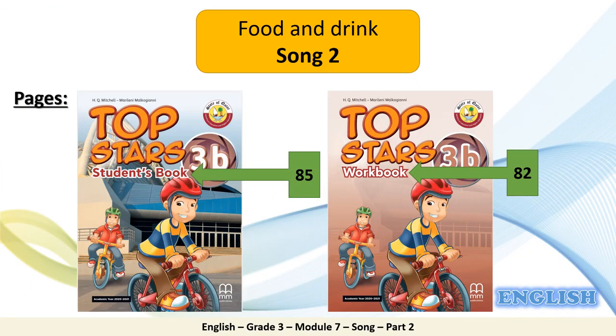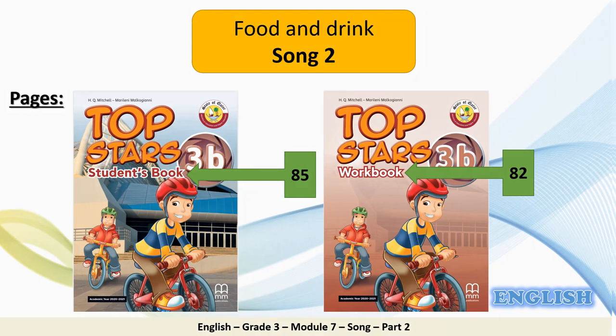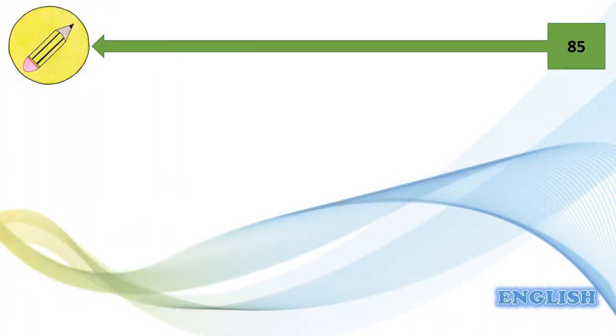You can find this lesson in your student's book, page 85, and in your workbook, page 82. Before we start, I have a task for you. I would like you to open your student's book to page 85, please, and have your pencil ready. Are you set? We have a song in this page.